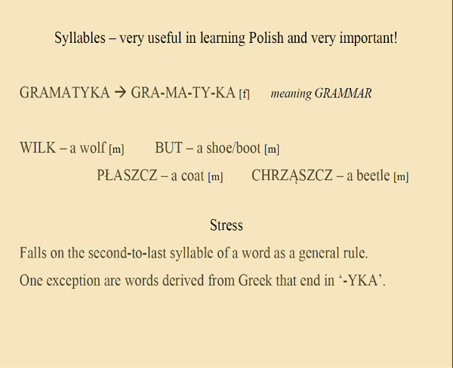Let's break down an example word: gramatyka, meaning grammar. In syllables, the word is gra, ma, ty, ka. Quite simple. One syllable words also exist and include words like wilk, but, płaszcz, chrząszcz.